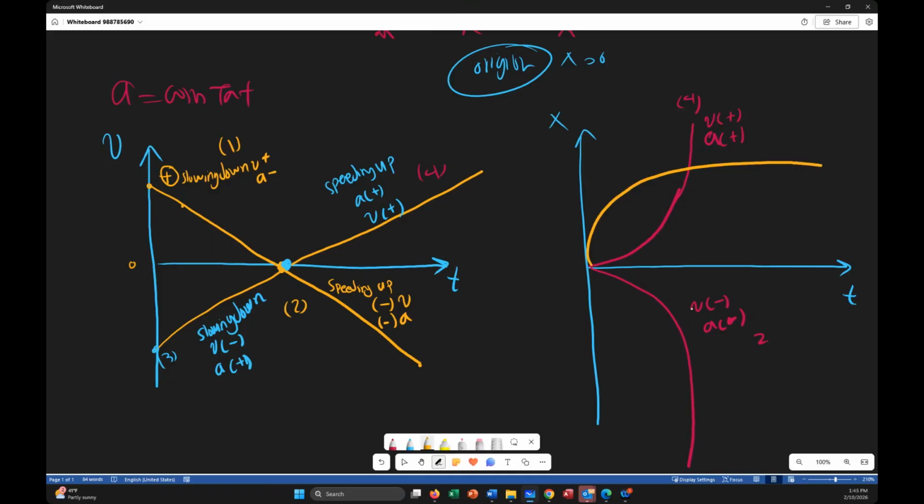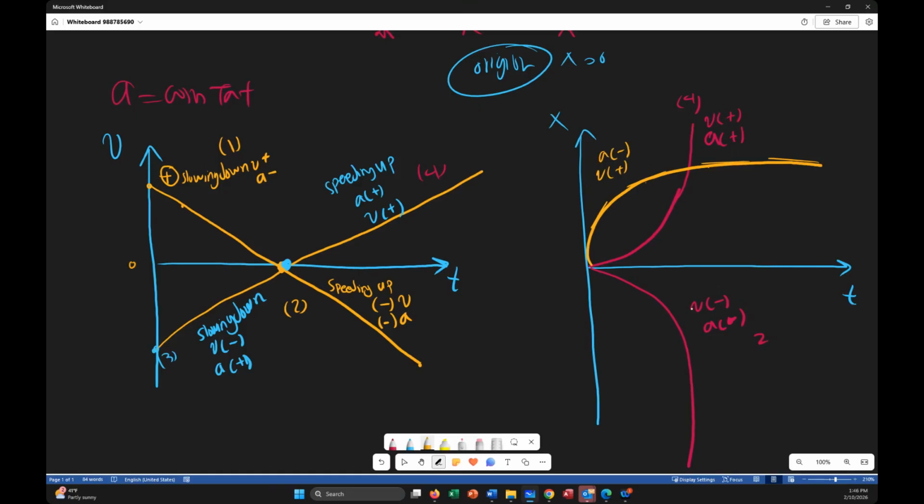How about this one? The velocity is getting bigger or smaller? Smaller. The magnitude of velocity, you know, the slope of the tangent line, yes? The slope of the tangent line, you see? Getting small, okay. It's slowing down. The velocity is positive, so acceleration should be, which one is it?